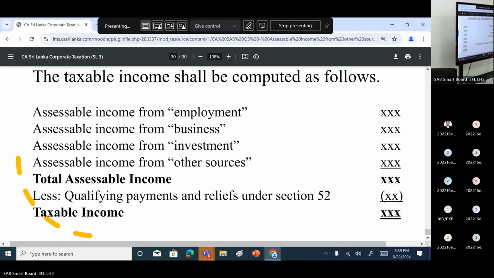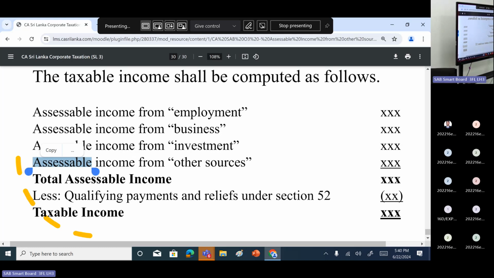Yes. Okay, under exemption have we discussed? So then there is no exemption. So how is it coming? Disposal of the building comes under the assessable income from investment. This is investment income.